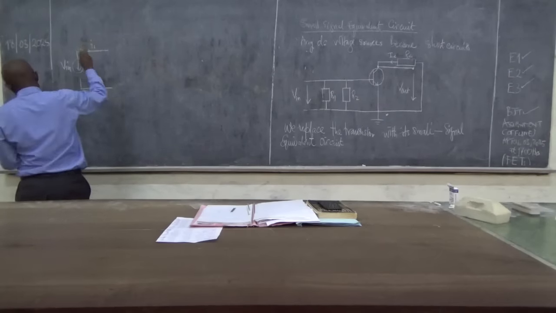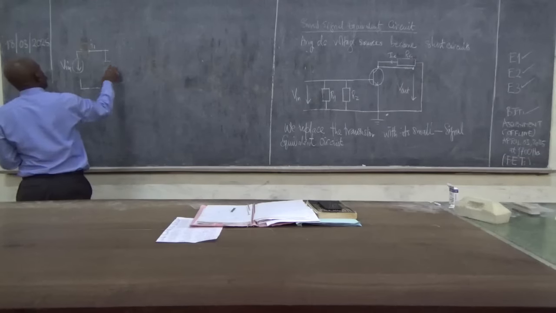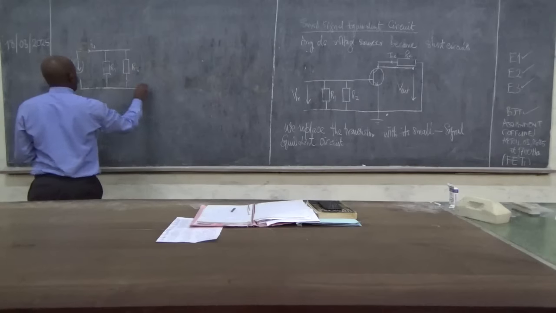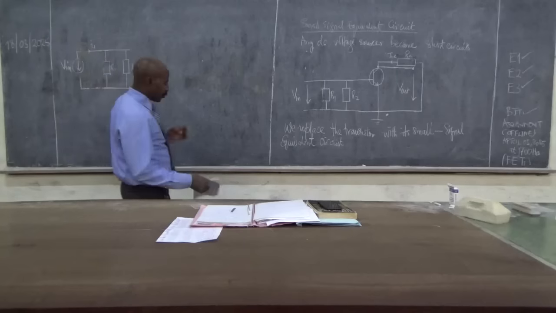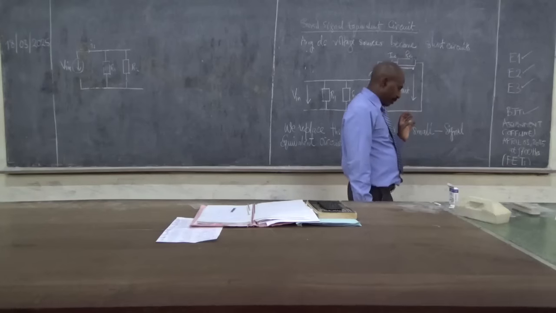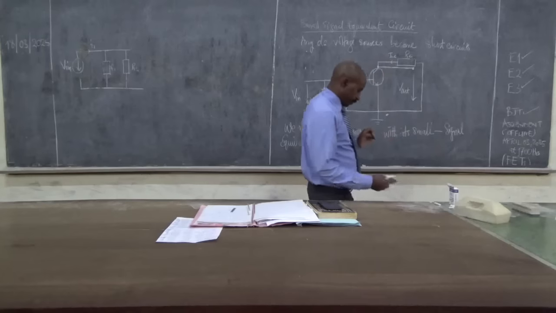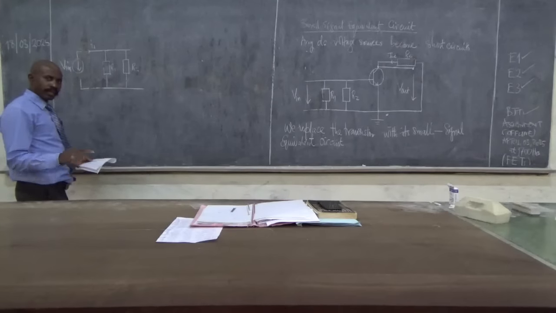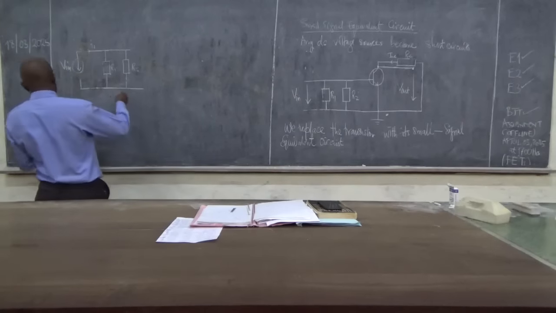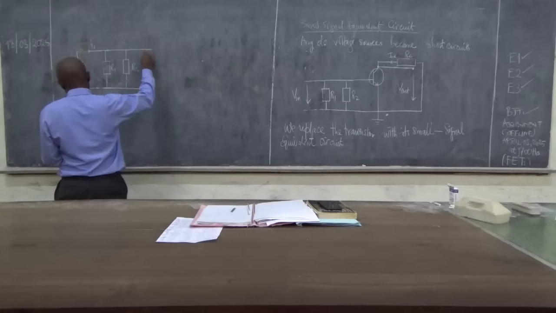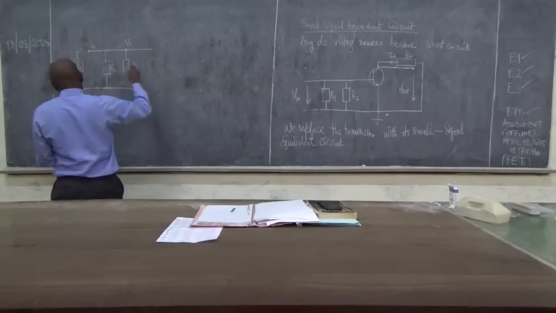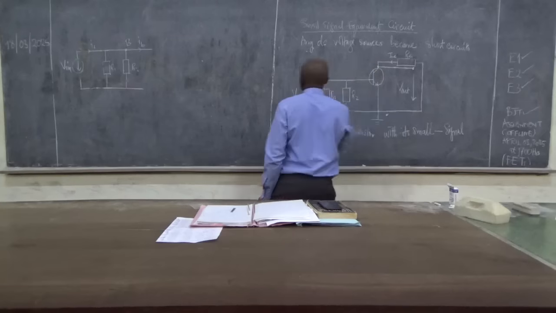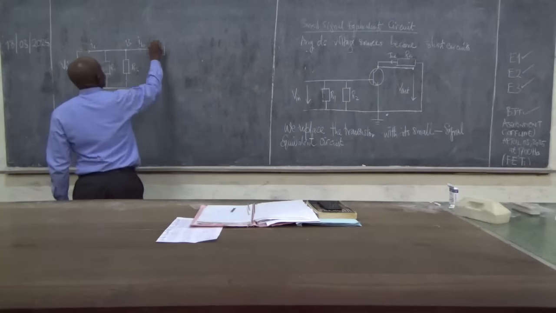So we have I1, R1, and R2, and then inside the transistor we have the RBE.